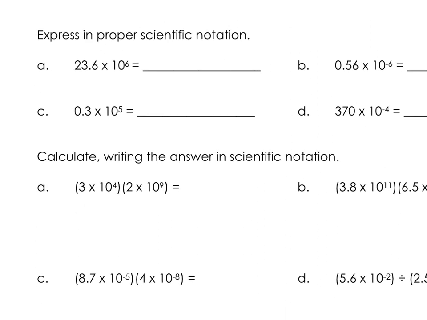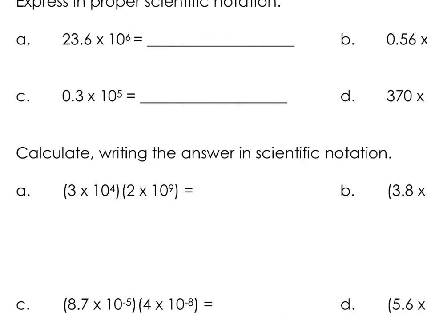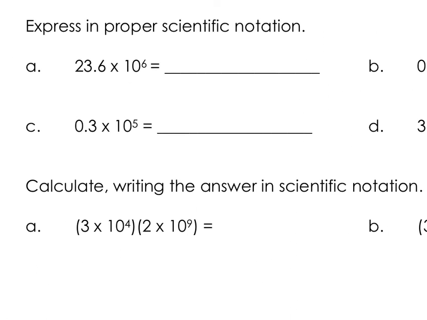These numbers in the following examples are not expressed in proper scientific notation. Can you tell why? Look at that number, 23.6. We said that the number had to be between 1 and 10. That number is bigger than 10. We can't have that. There are different ways to approach this.